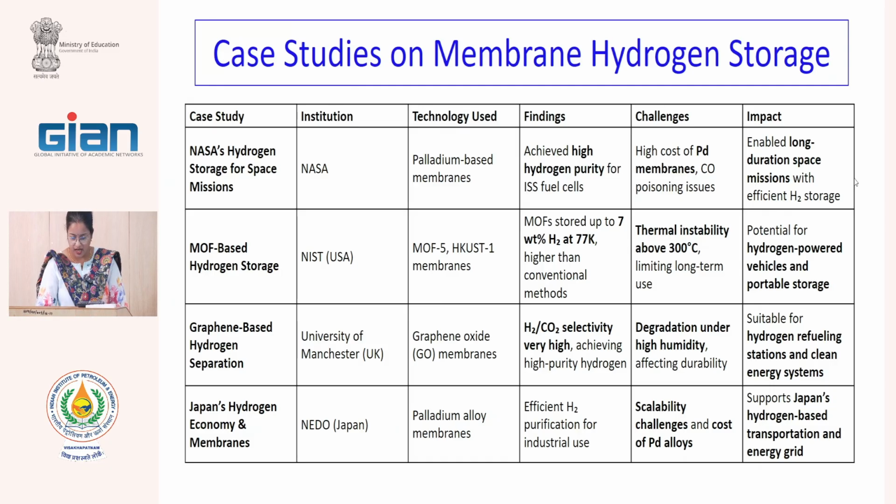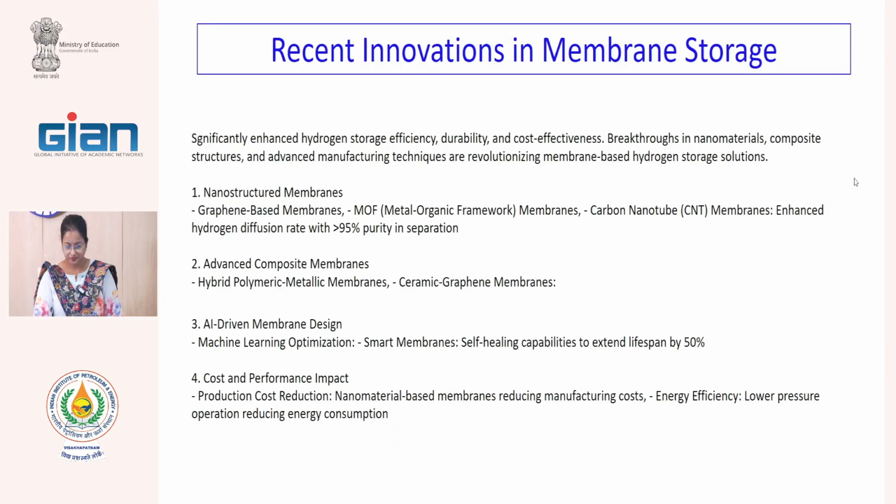I have already talked about the first two. In Japan, they also have a palladium alloy membrane which is used for storing hydrogen, making energy and giving it to the energy grid.